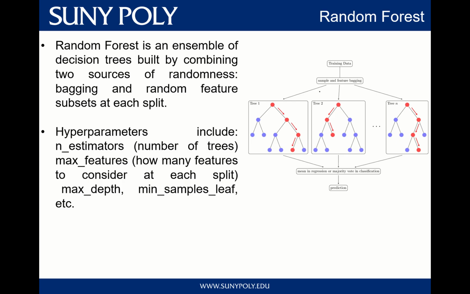Now, in order to avoid creating the same tree several times, the strategy for the random forest is that from your training data, it's going to perform some bagging. It means that it's going to make samples with replacement, but on top of that, it's going to do some feature sampling. Let's say that you have 20 variables or 20 features, it won't use all 20 of them for every single tree.